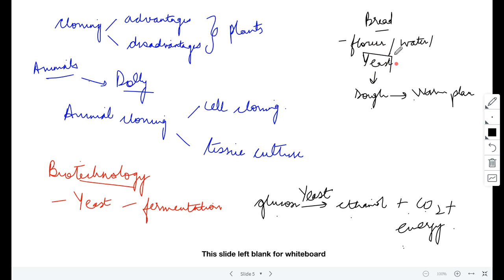Whatever sugar is present in the flour is going to get converted to ethanol and carbon dioxide, and this carbon dioxide helps the dough to rise up, and ethanol evaporates. So now is it clear to you? And you get the bread which rises up.